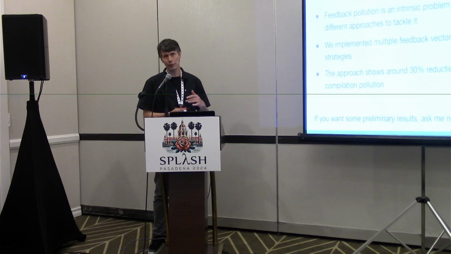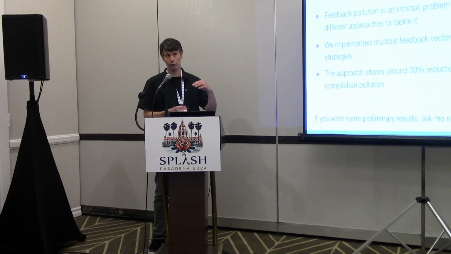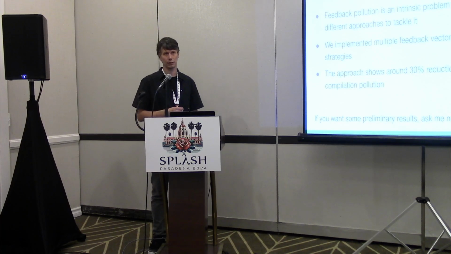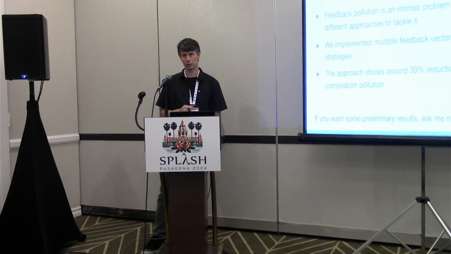And also the other problem is that we can have a lot of slots in each of the feedback vectors, because a function is recording everything it sees in the interpreter. So yeah, it can get out of hand. I don't have a precise number, but it can get out of hand. Thank you.